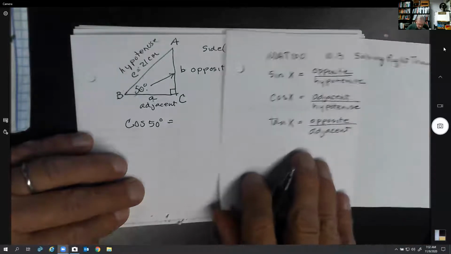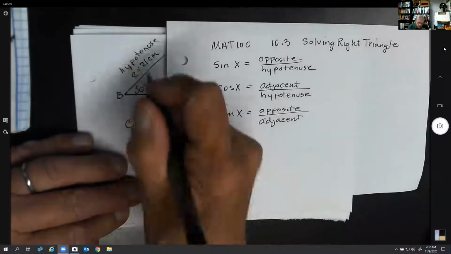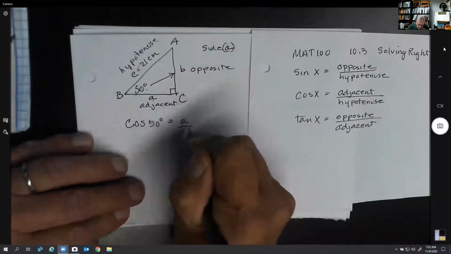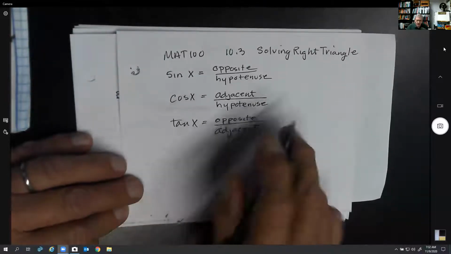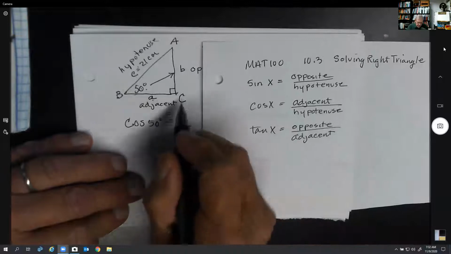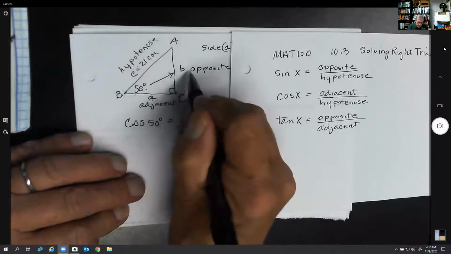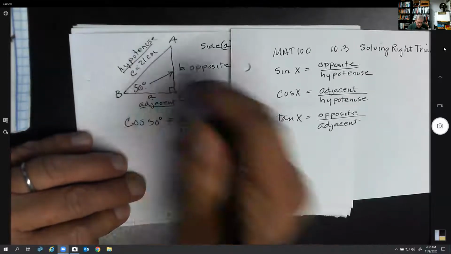The adjacent A, which we don't know, over the hypotenuse, which we do know, 21. So we're using this one right here, adjacent over hypotenuse, A over 21. B would be the opposite, so we need the adjacent and we need the hypotenuse.